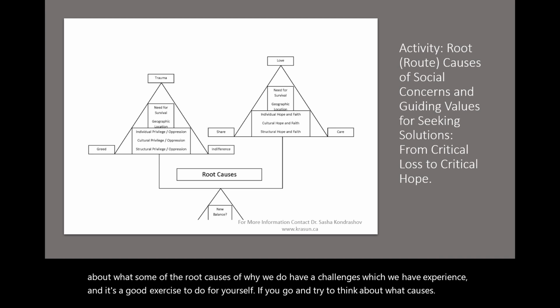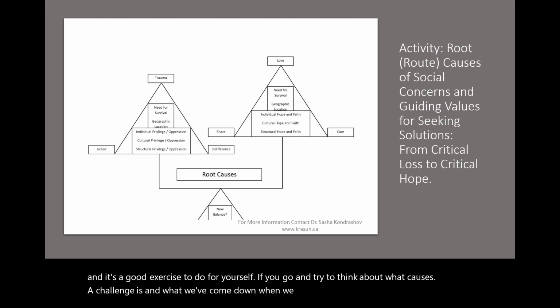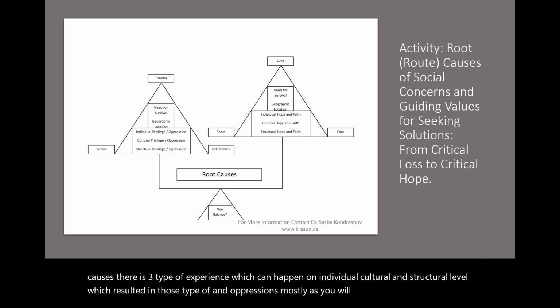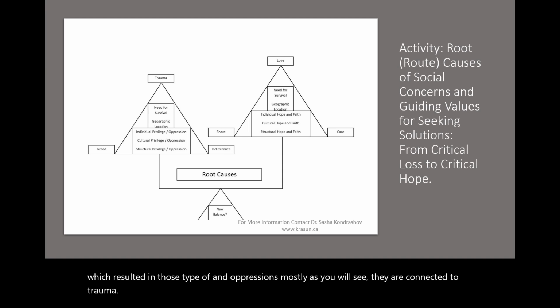And when we go deeper and deeper into those causes, there are three types of experience which can happen on individual, cultural, and structural level, which result in those types of privileges and oppressions. Mostly, as you will see, they are connected to trauma, indifference, and greed.